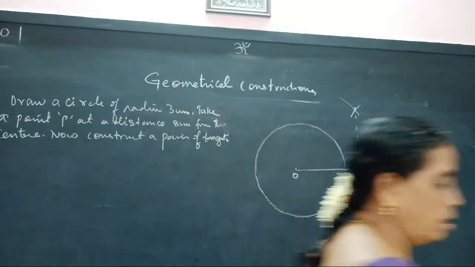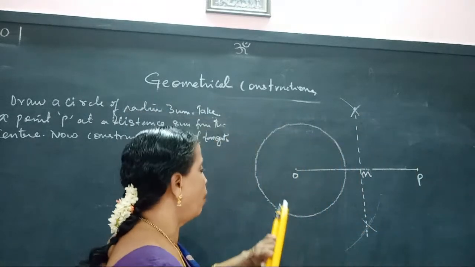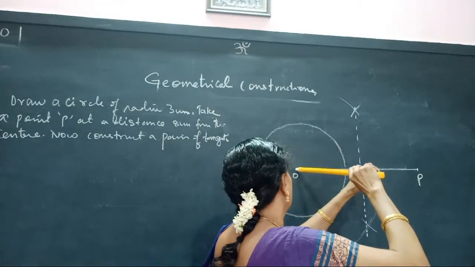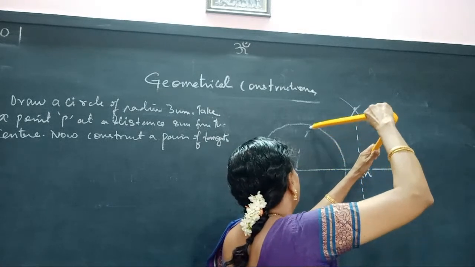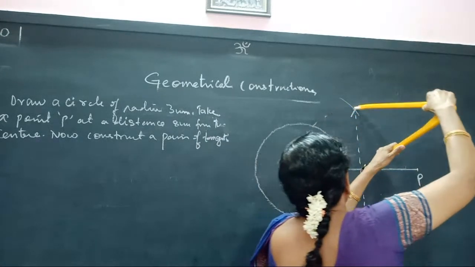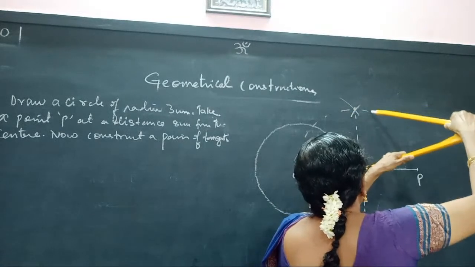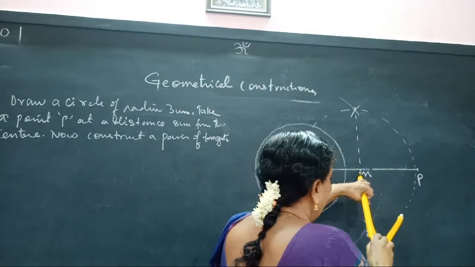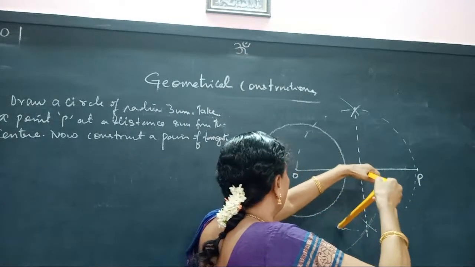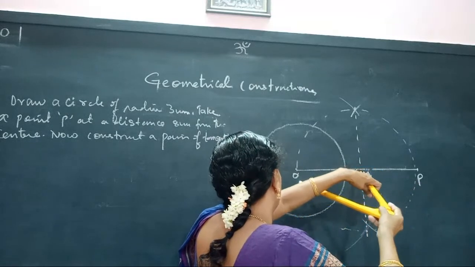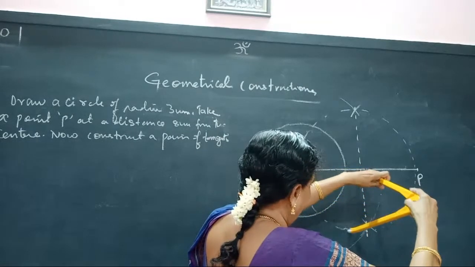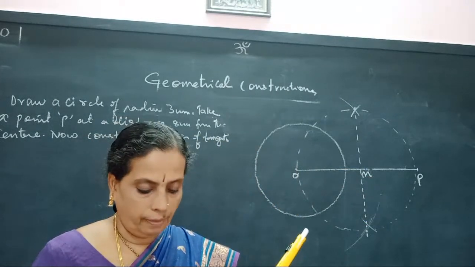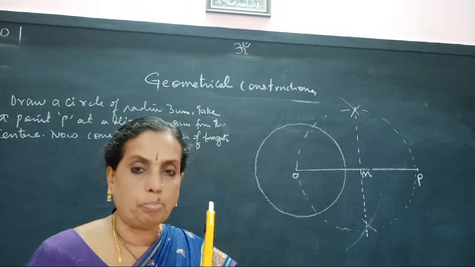So after this, now with M as center, MO as radius, draw a dotted circle which intersects the given circle in two distinct points. We are drawing a dotted circle. That circle is intersecting the given circle in two distinct points.